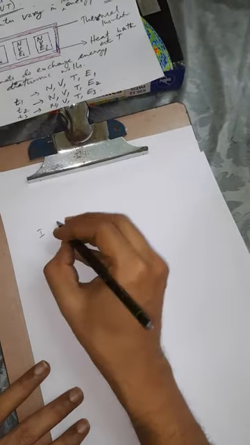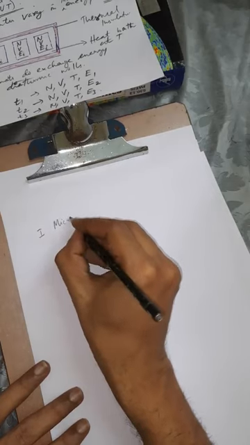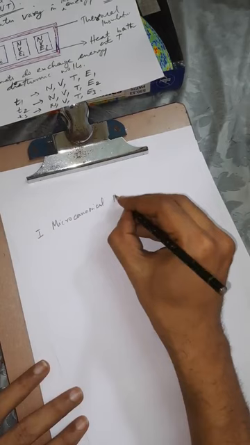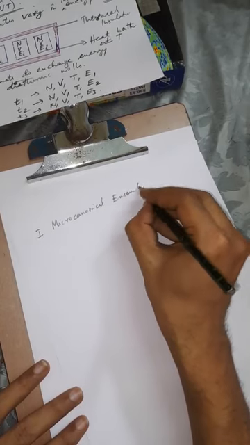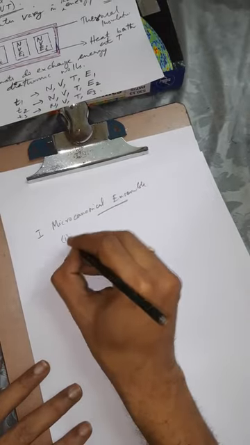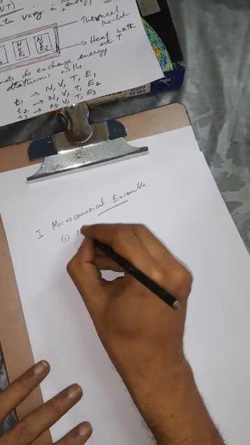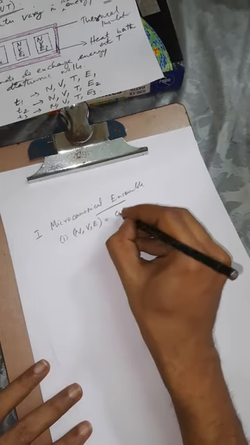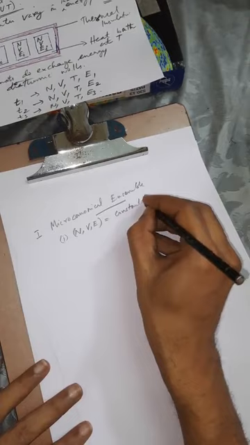First one was the micro canonical ensemble. So here you have NVE constant.